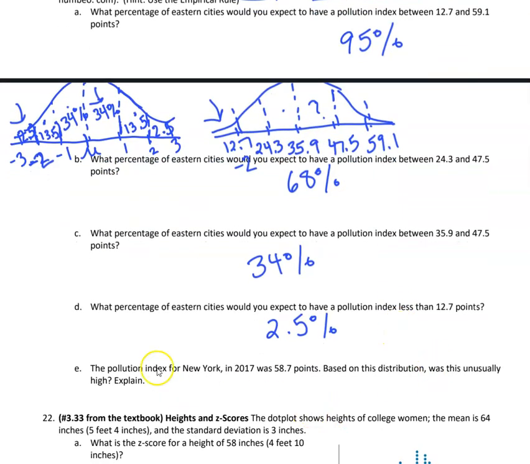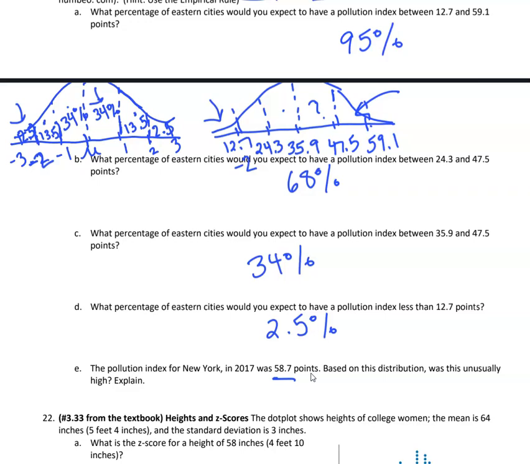And then E says the pollution index for New York in 2017 was 58.7. Was this unusually high? Anything outside of 2 standard deviations we consider to be unusual. So if you're at 58.7, that means you're up here. Well, remember, 2 standard deviations above was 59.1. 47.5 is only 1 standard deviation above.